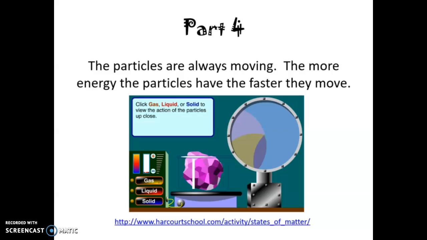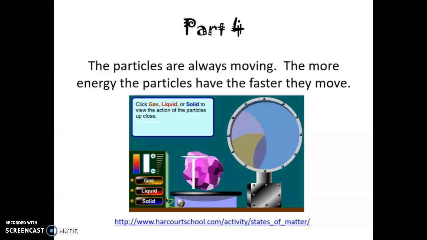When they can start to move around each other, then it is going to flow like water. Water would be the liquid state. Those particles are moving faster than the particles did when it was in solid state. If you continue to give the water more energy, heating it up more, at home, we do this in a pot on the stove, eventually you're going to start to see little bubbles happening. Those bubbles, when that water starts to boil, that means that water has gained enough energy or enough heat to turn into a gas.